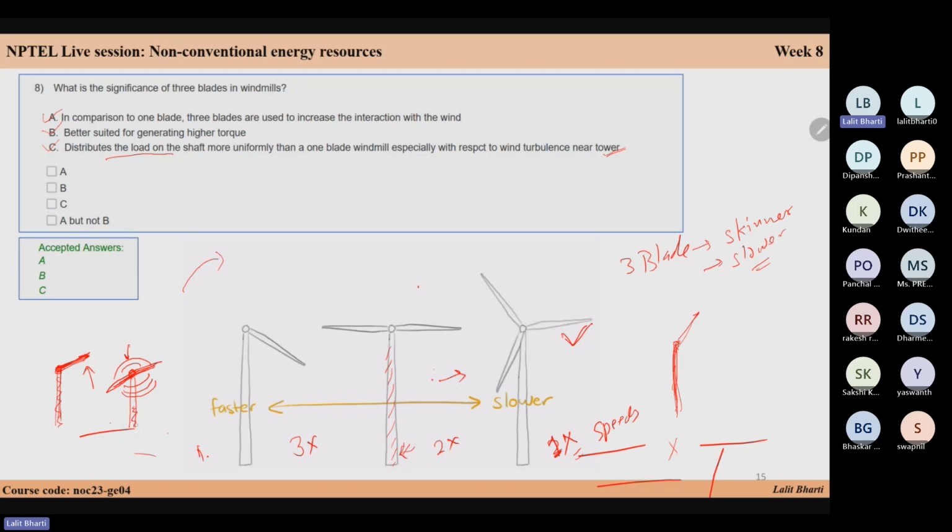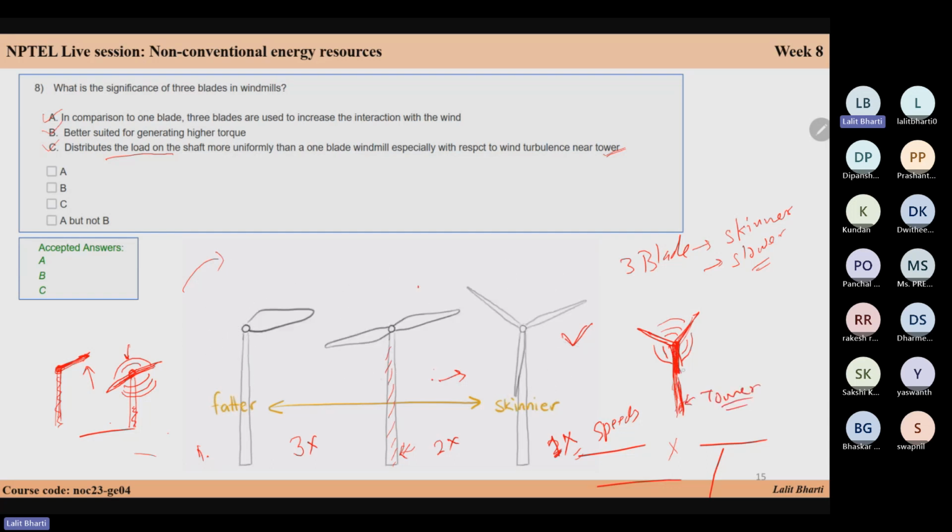So your tower will also interfere in this case, whereas if you have the three blade design, so let's say this is your third blade, you have minimized area, and before you make any kind of low pressure zone at your stand, or you can say your tower.